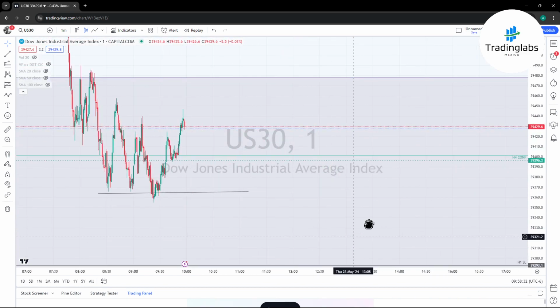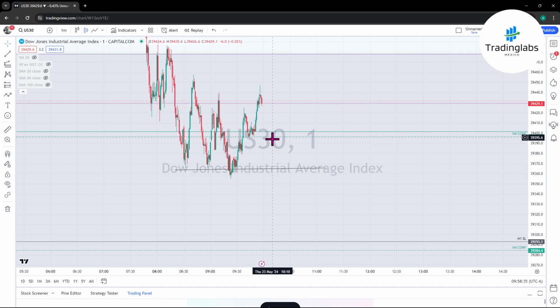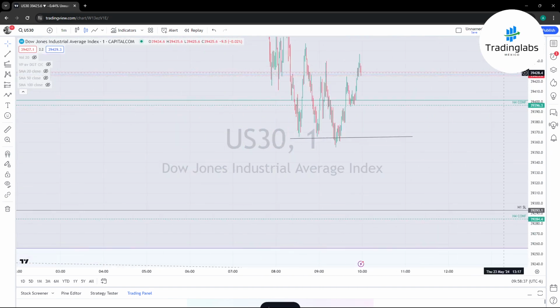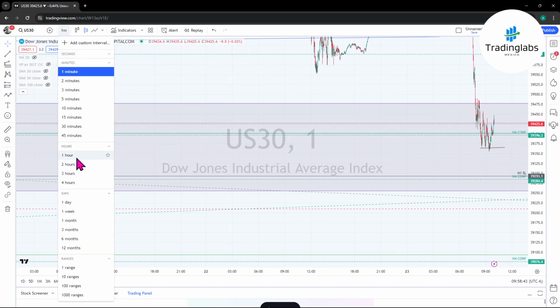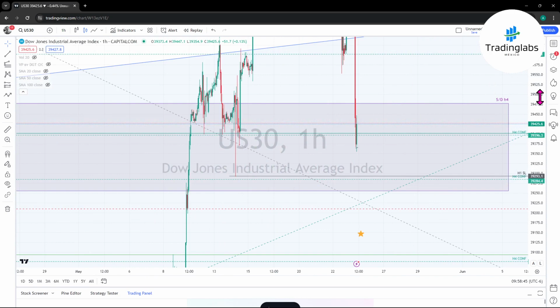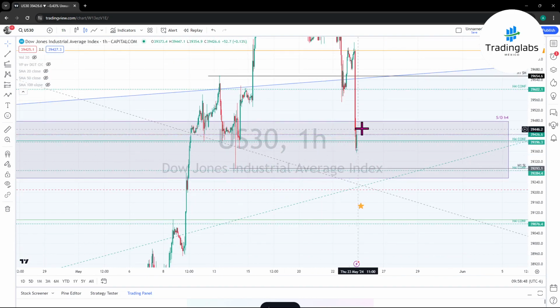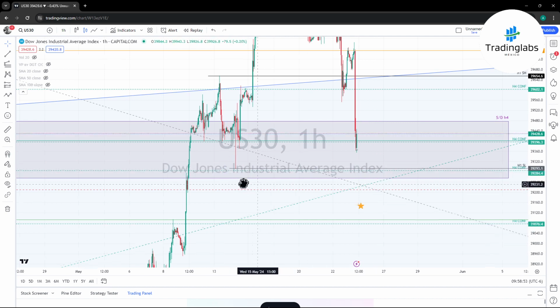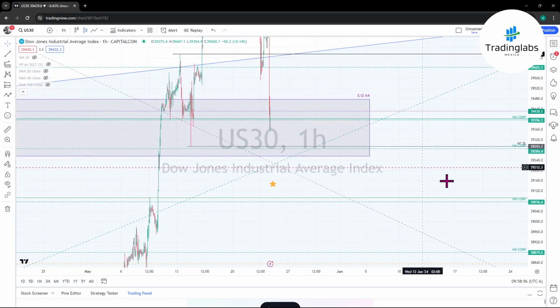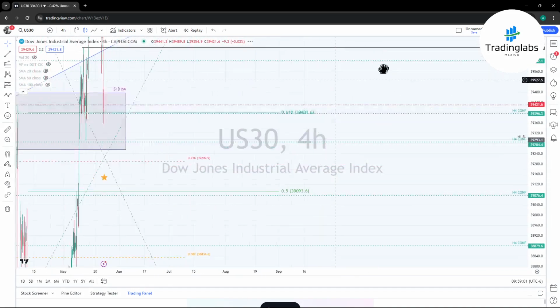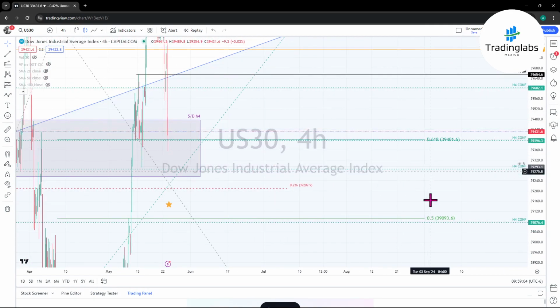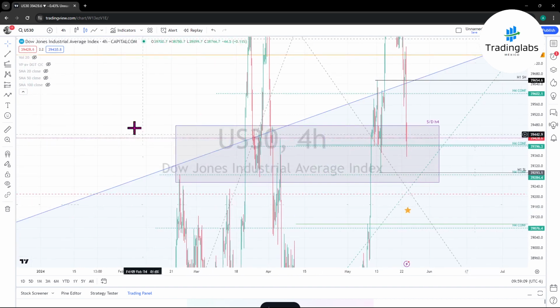Maybe here it's a good setup to go long. But the one thing I don't like is this H1 swing low that you can see here very clearly, which needs to be liquidated before it finds its way once again to the upside. So that's why I'm going to pass on the trade today, because the other level is this 0.5 of the Fibonacci extension and the support line.